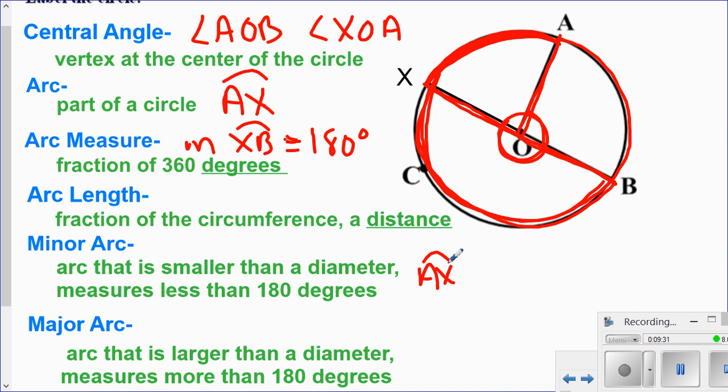Now, major arc. So it has to be something larger than 180 degrees. So I can't say that it's arc XB because that is 180 degrees.